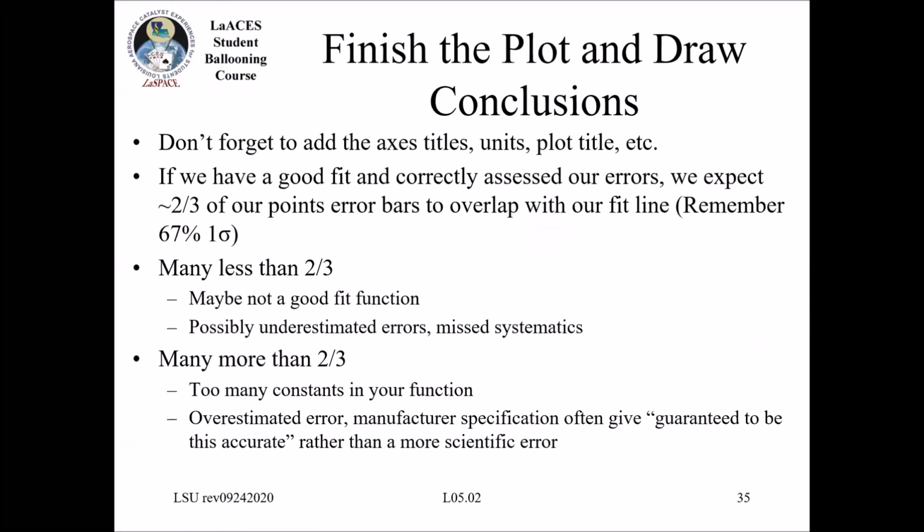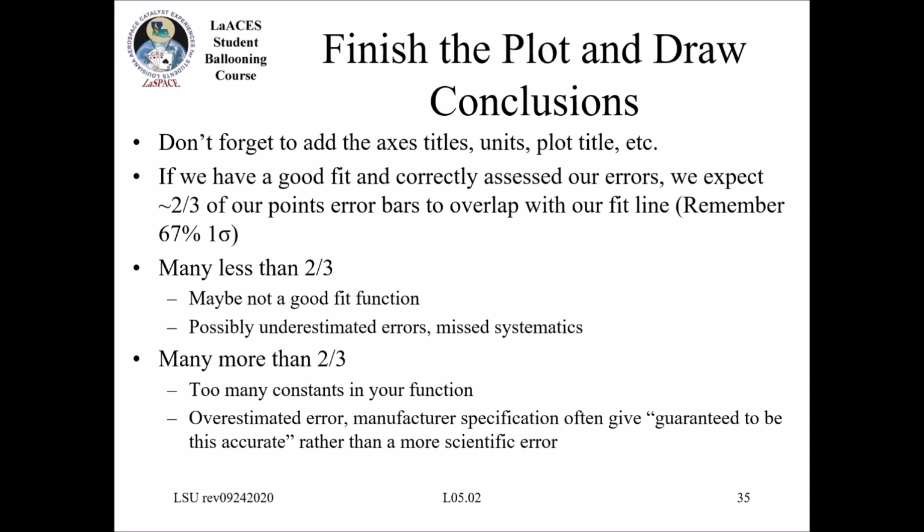So if way less than 2/3 of your points overlap, well, maybe you picked the wrong type of function. Alternatively, you may be underestimating your error. It's fairly easy to have a systematic that you didn't think about until you're like, well, this isn't quite right, let me think about it a little harder.